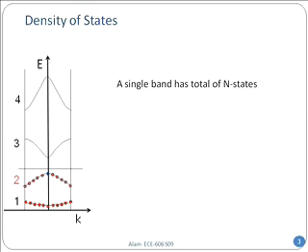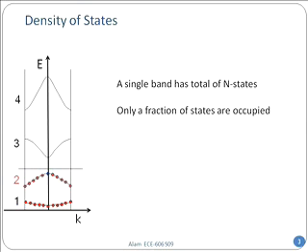So the ones that we are interested in are partially full and partially empty. So in that case, we are interested in a very little sliver of energy band where those electrons sit. And so we'll have to know how many per unit energy near the bottom of the bands or near the top of the bands. And that is where this density of states will come in very handy.